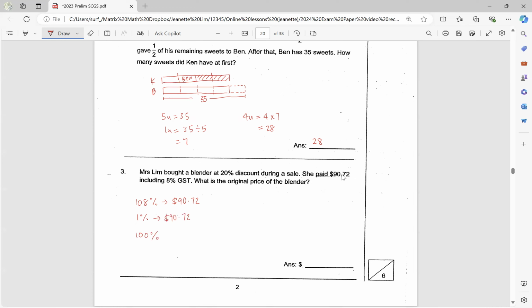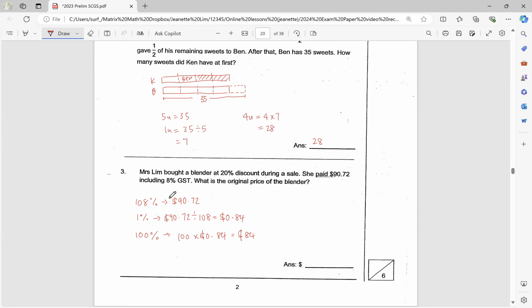So 90.72 divided by 108, which is 84 cents. Then to find 100%, 100 times 84 cents, which is $84. So this $84 is before the GST.